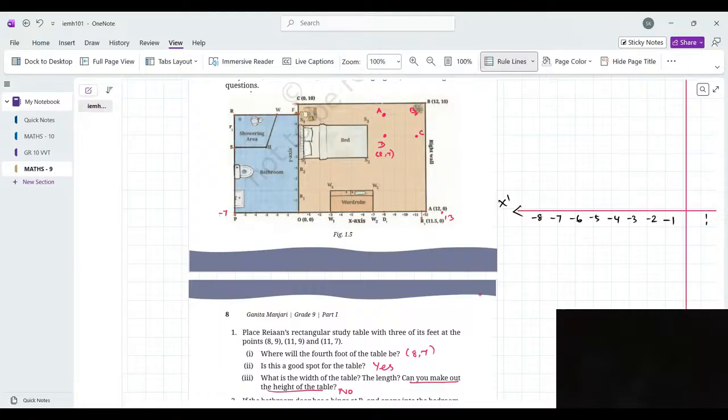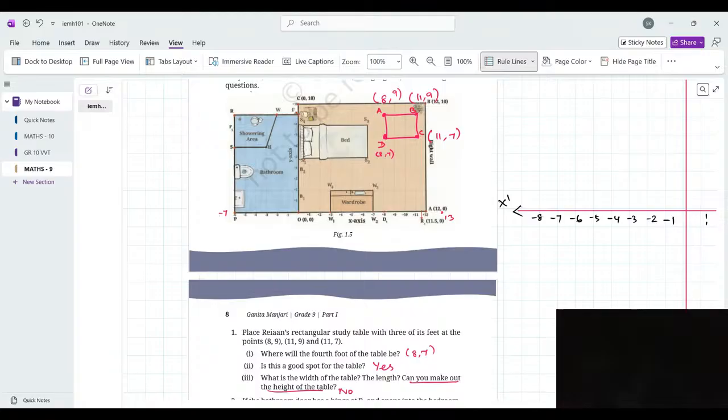So the four coordinates are (8, 9), (11, 9), (11, 7), (8, 7). This is the study table. Let us find out the length.